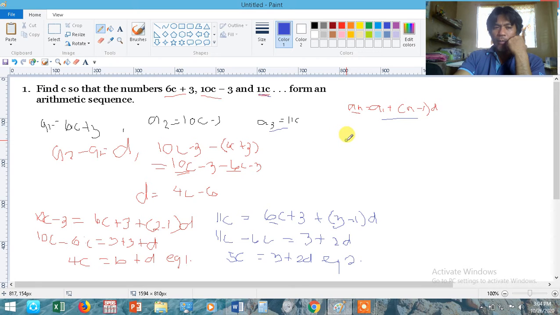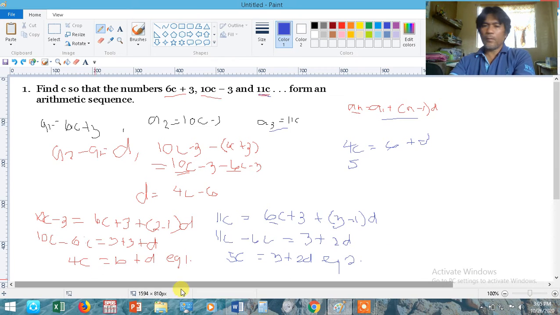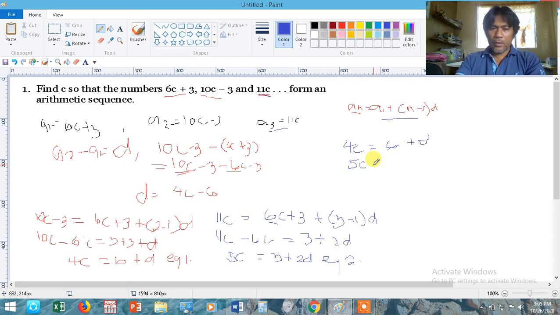If we look at it, we have 4c equals 6 plus d, and we have 5c is equals to 3 plus 2d.